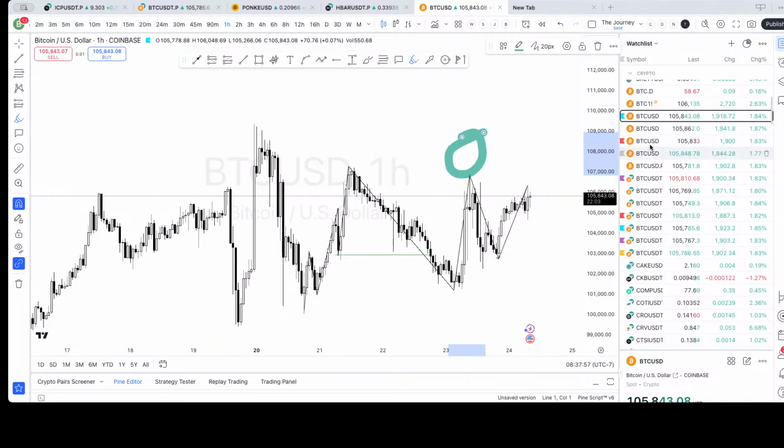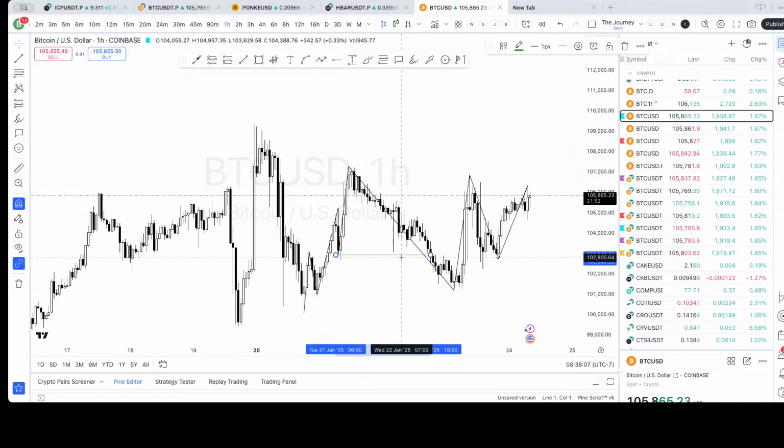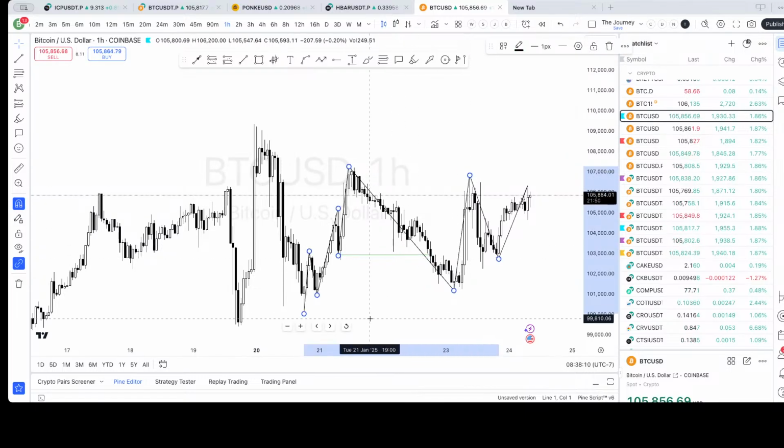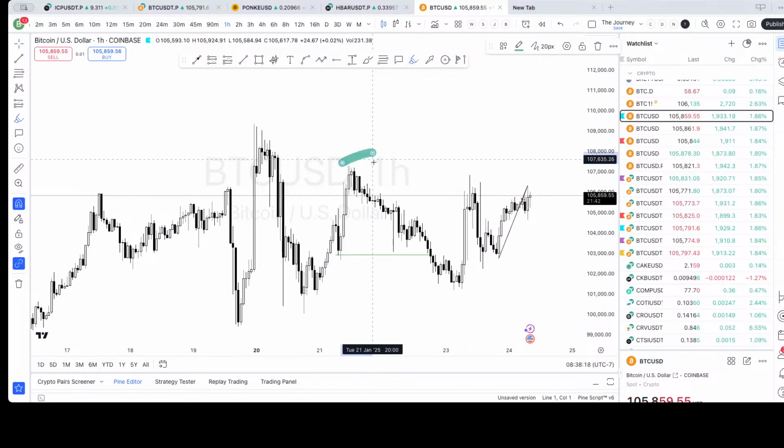But this is where I will say it's not about time frame for me, okay? Because on the 1 hour you have a bearish break here and you have a lower high. Cool, neat. But 1 hour is not your highest time frame structure between this high and this low.